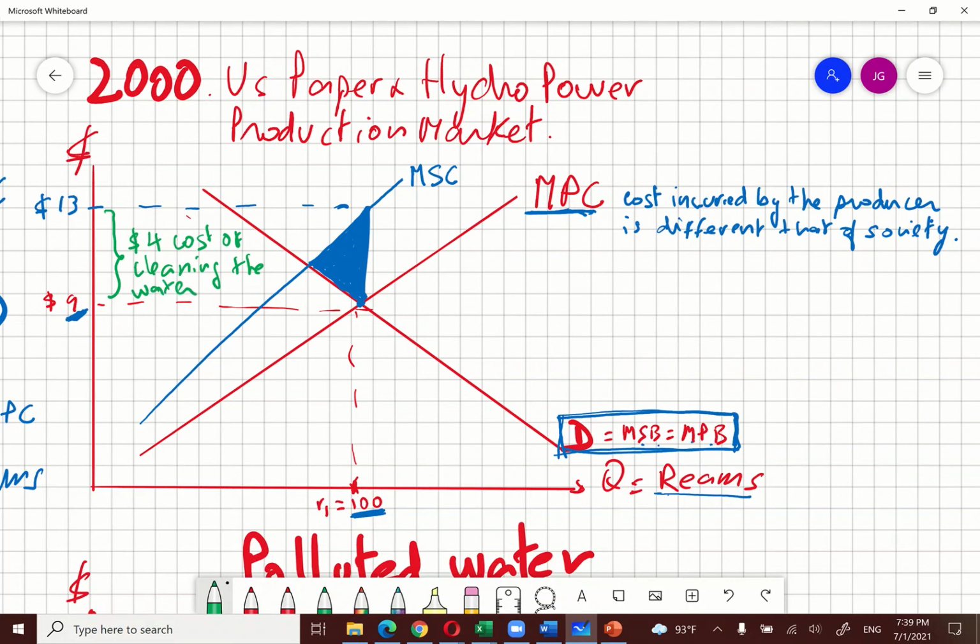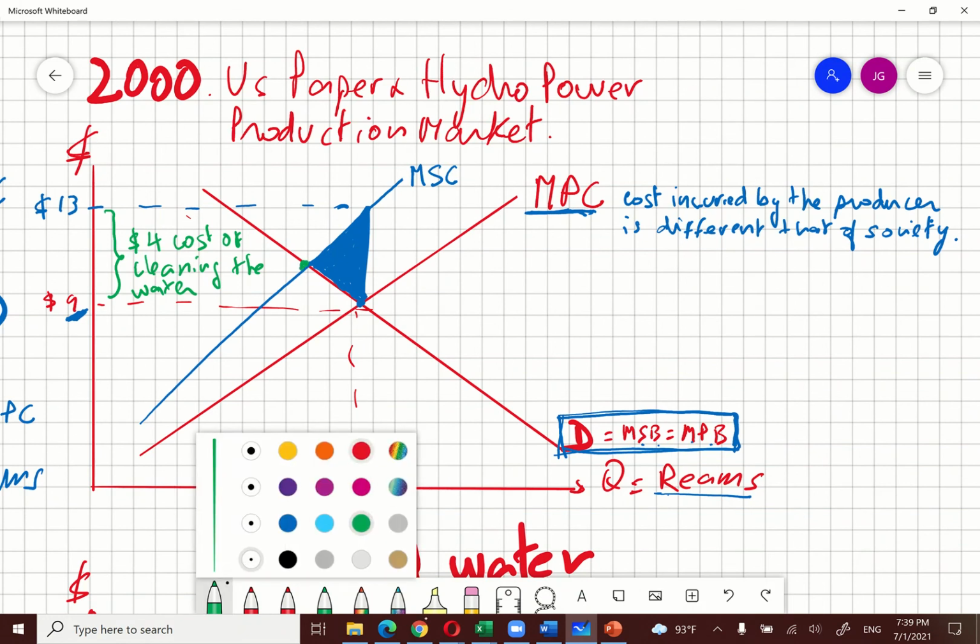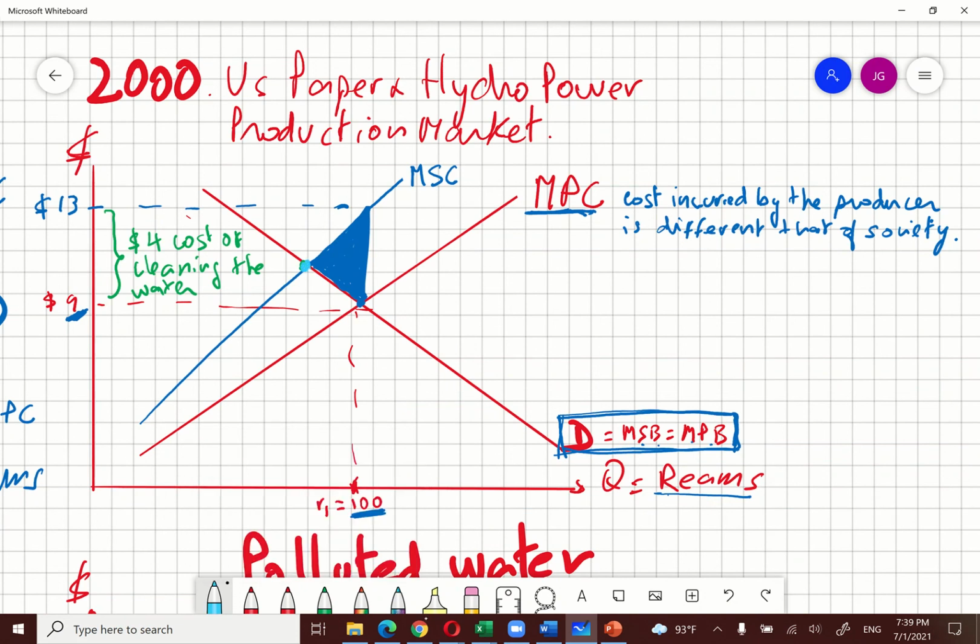And you can see that we actually have a new equilibrium here. We have a new equilibrium here, and that I will call, let's say, Q2 equals 80.